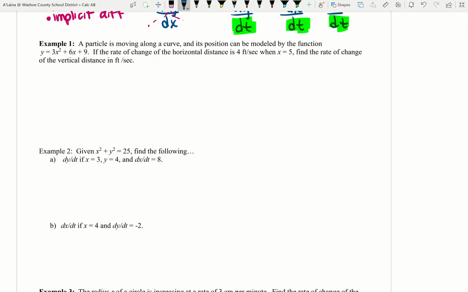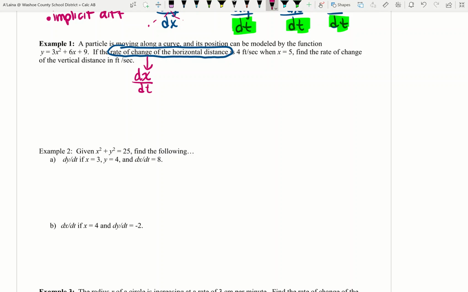Okay, I really want to start with the if part here, and I'm just going to translate this. We're talking about a rate of change, that's a derivative, of the horizontal distance. Well, horizontal would be the x variable. This right here is talking about the rate of change of x, and it's with respect to time.